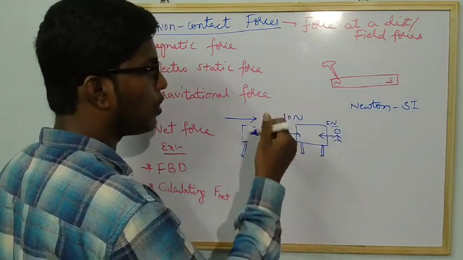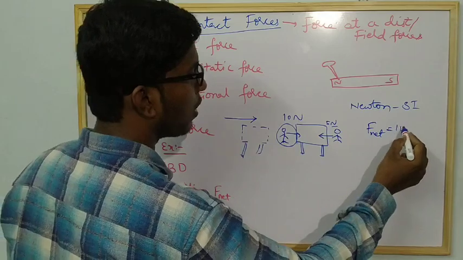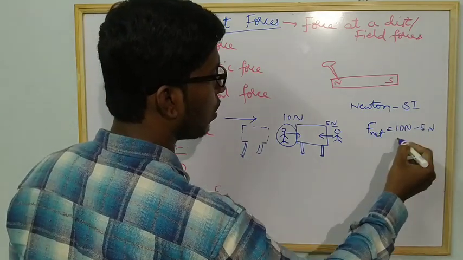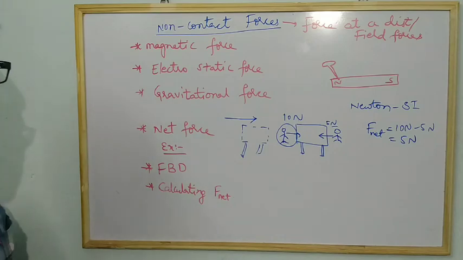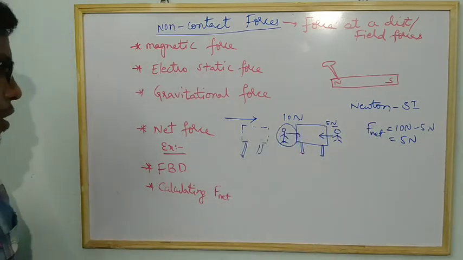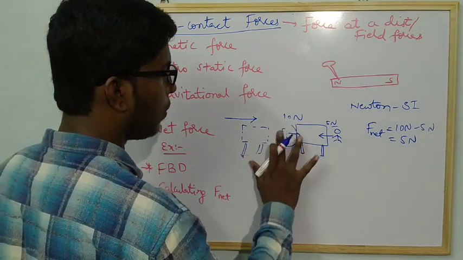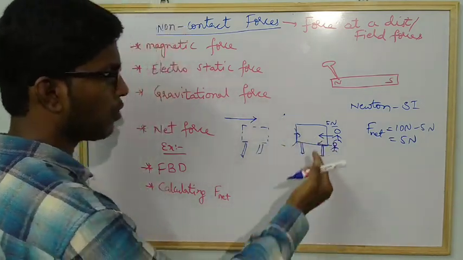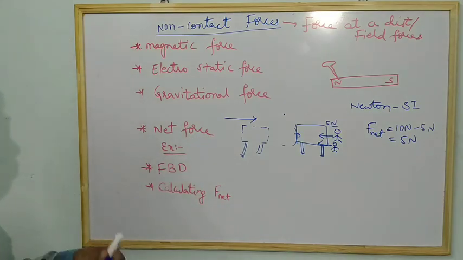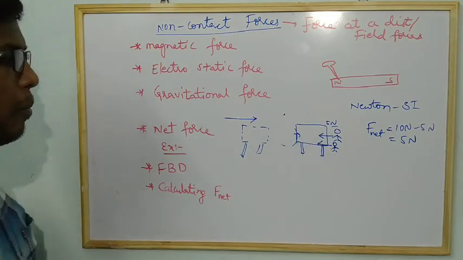We can directly say that the net force equals 10 newtons minus 5 newtons, which is 5 newtons. Since 10 newtons is more, the object will move to the right side. This is one example. You may get examples like this also. If two persons are standing here and both are applying force, definitely it will move, because more force is applied when more persons are applying it.